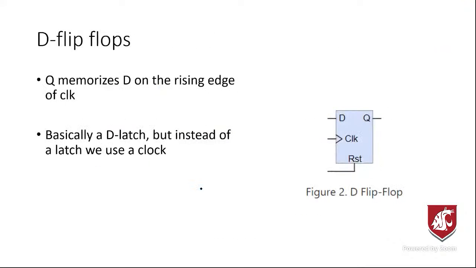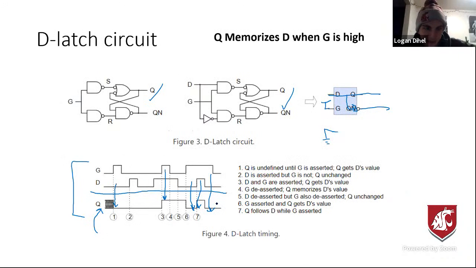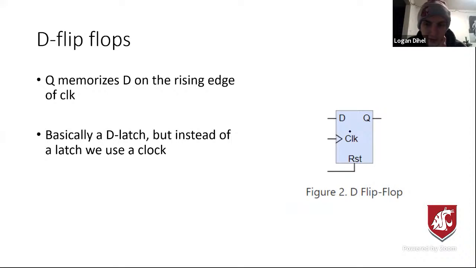Thank you. Okay, so D flip-flops. This is kind of the D latch. The D latch is just looking at whether G is high. In a D flip-flop, it's going to memorize D on the rising edge of the clock. This symbol means rising edge.